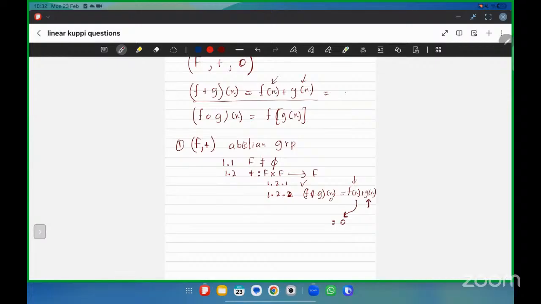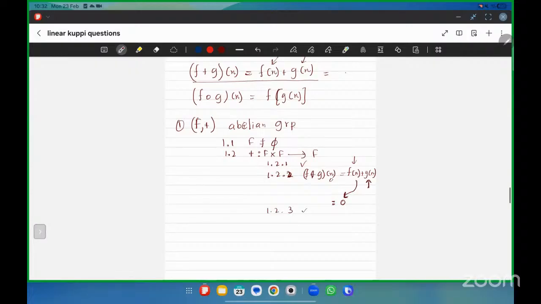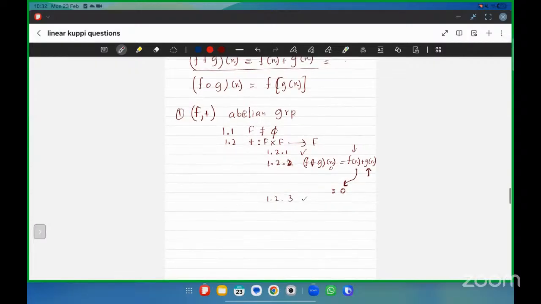Then the output is also in that same set, and it is not one to many. So the second condition is true, and the third one is the associative law.